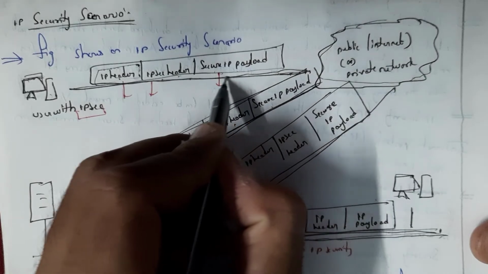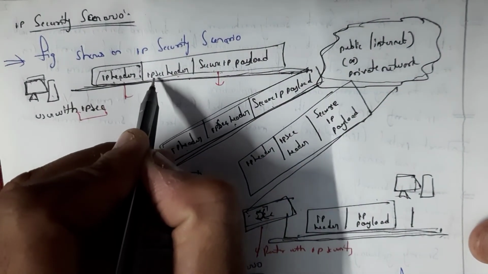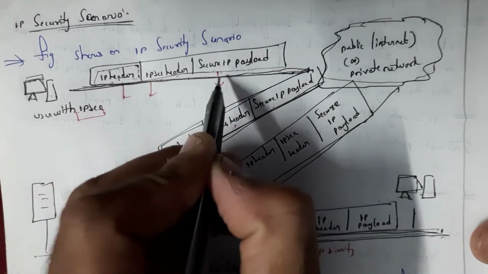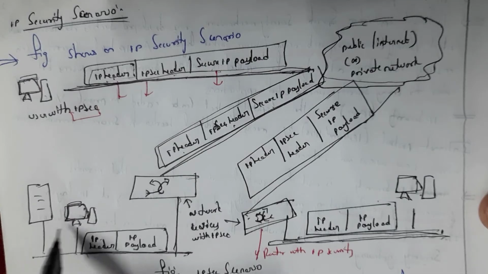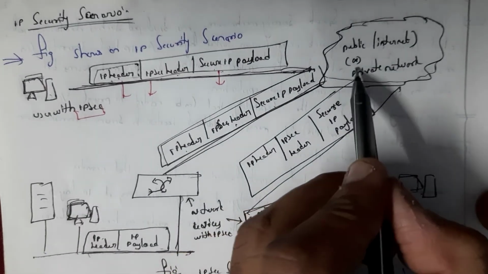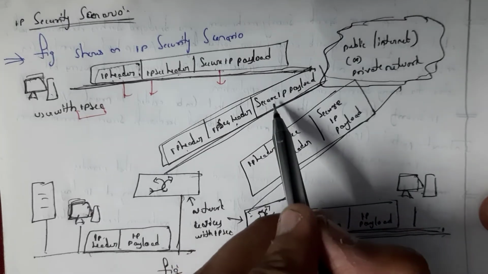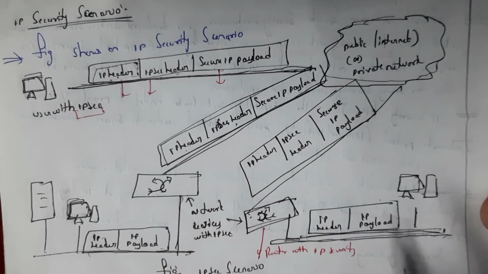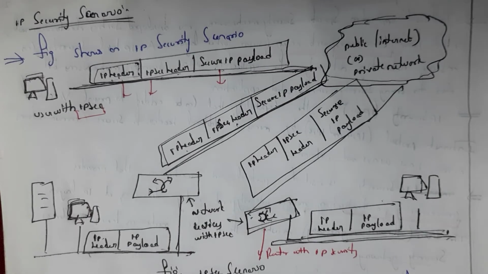This connection is established by using first an IP header, second an IP security header, and a security IP payload. Similarly, this computer is also connected to the network using an IP header, IP security header and security IP payload. Similarly, the third computer is also connected by the same method. This is the basic structure of the IP security scenario.